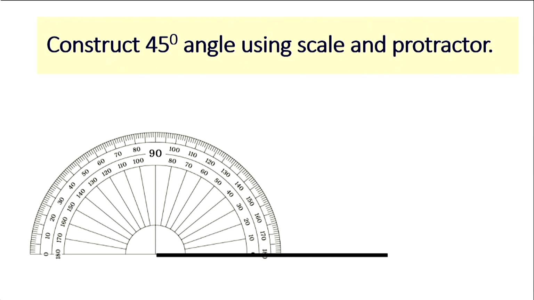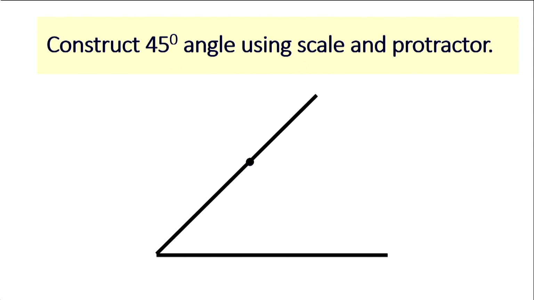The measure of 45 degree is between 40 to 50 degree. Mark the point between 40 and 50 degree. You will get 45. Then draw the straight line. That gives you the 45 degree angle. Name the angle as ABC, where B is the vertex of the angle. Therefore, angle ABC measures 45 degree.